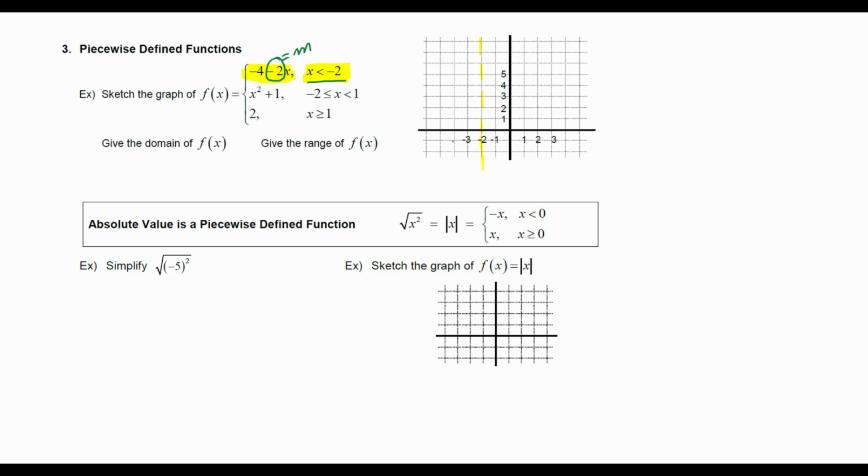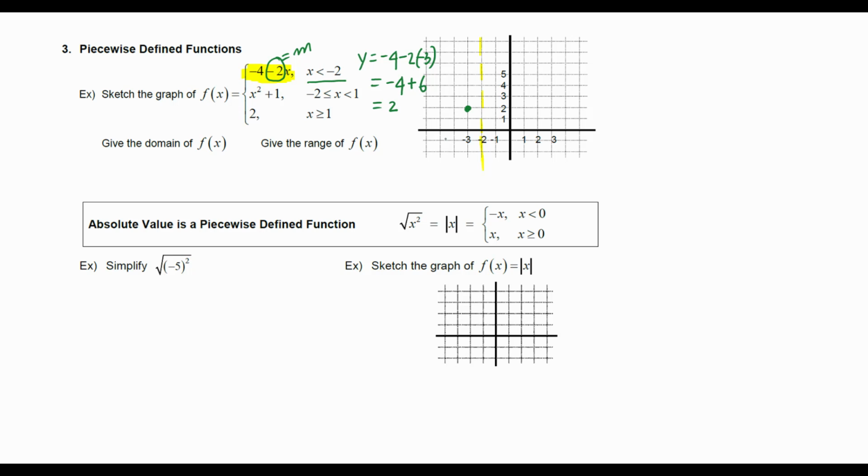So let's go ahead and plug in negative 3, since negative 3 is less than negative 2. When you plug negative 3 in for x, I get y equals negative 4 minus 2 times negative 3, which is negative 4 plus 6, which is 2. So when x is negative 3, the y coordinate is 2.